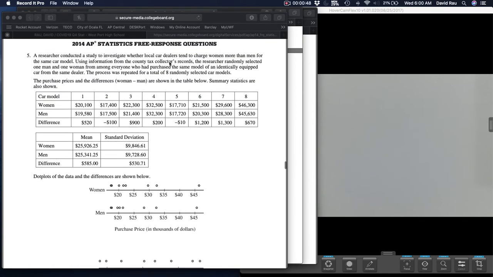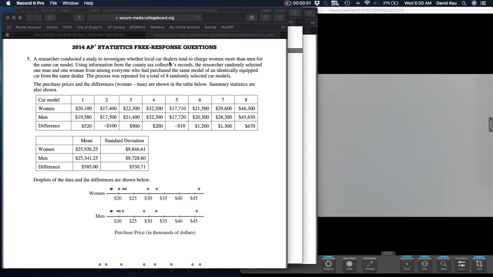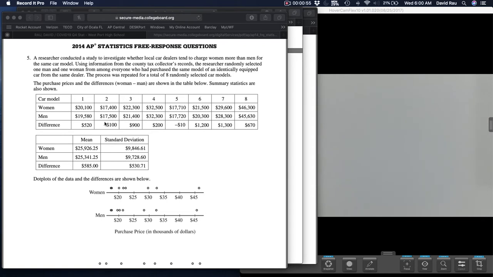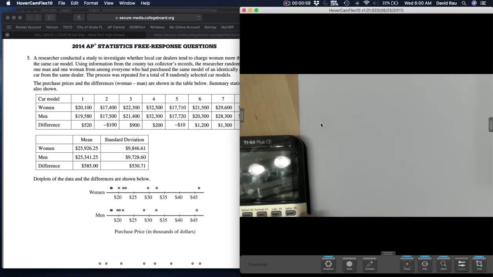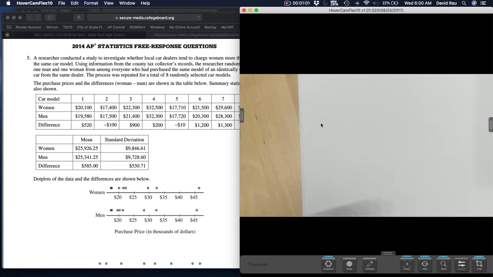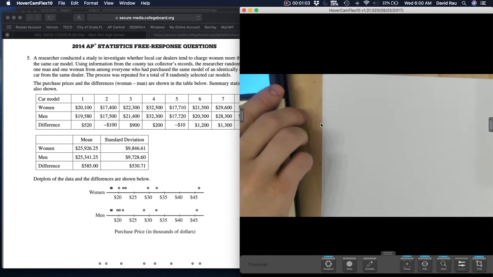Okay, so the idea behind this is, to me, notice that we only really have the difference here. So what we're doing is we're doing a statistical test. Now, what is the name of our test?